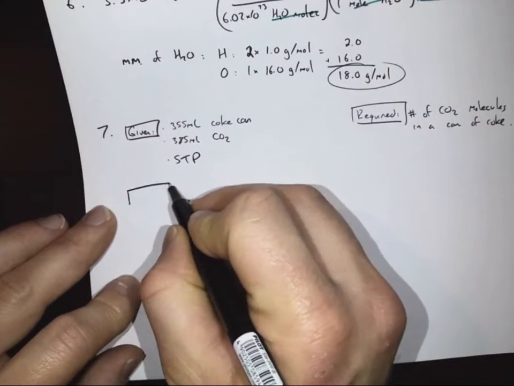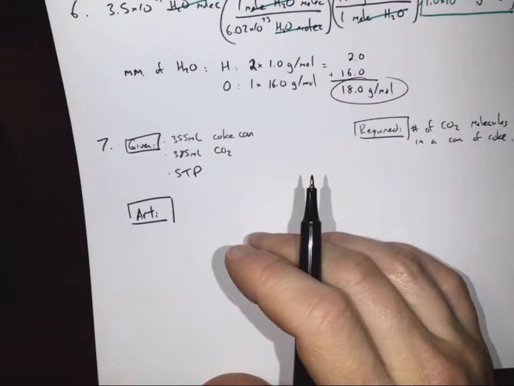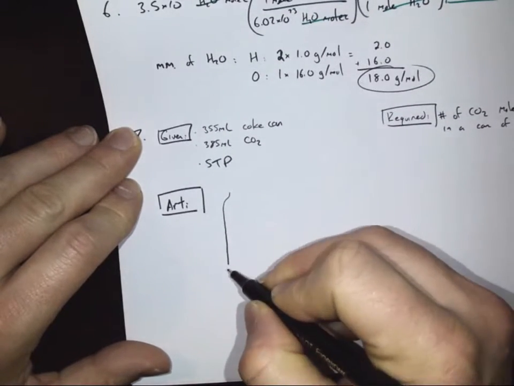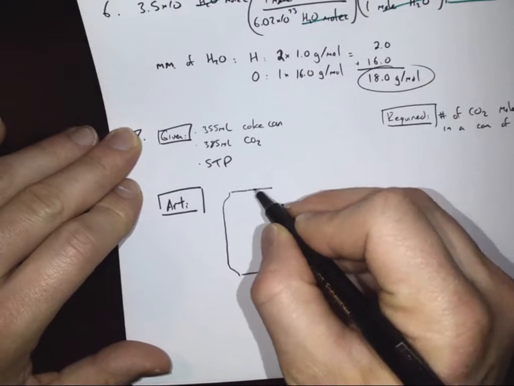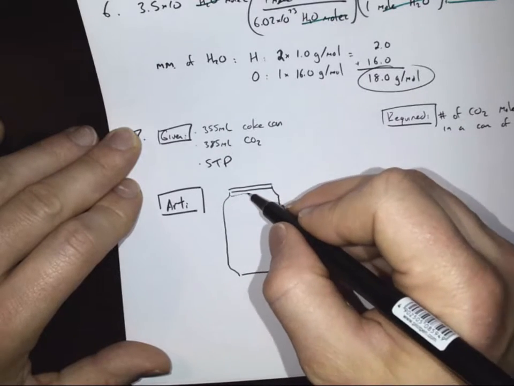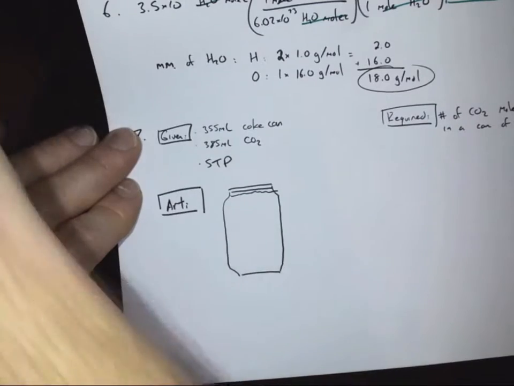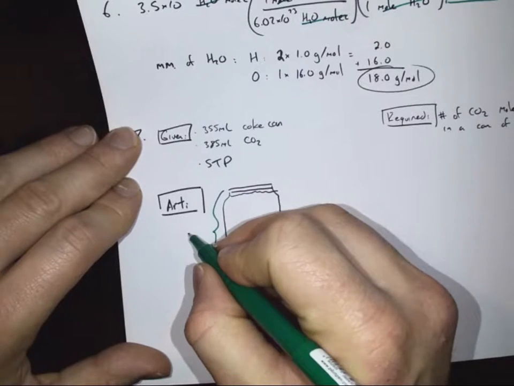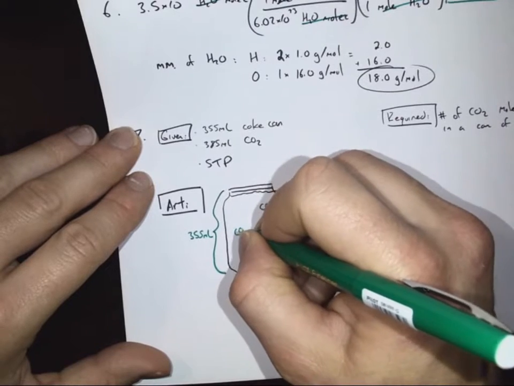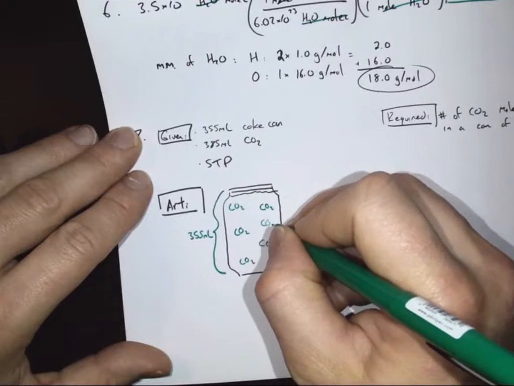So I might actually draw a picture. I'm going to draw a can of Coke and try to connect all these pieces of information. So there's my can of Coke. Wonderful drawing, thank you very much. If it's unopened, this whole thing is a 355 ml can, and we know it contains carbon dioxide, kind of stuck inside that solution.